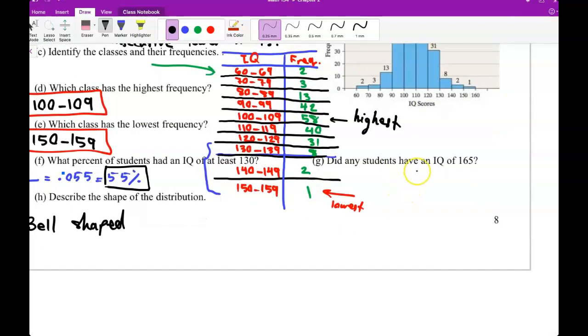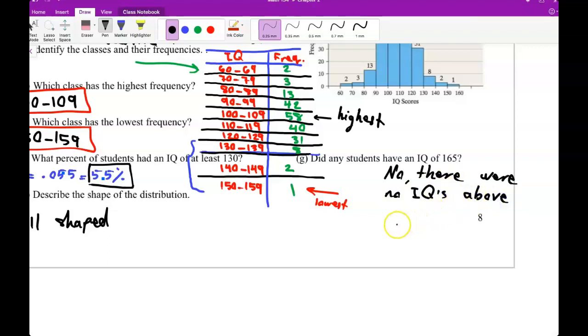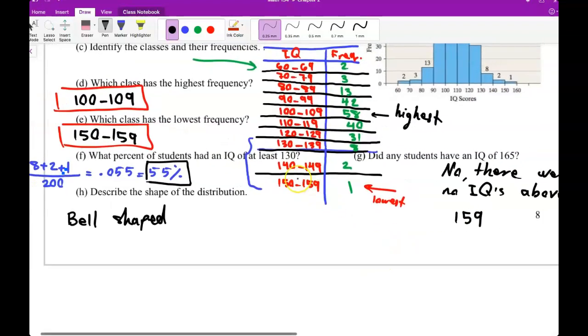So the answer is no. So we don't have IQ scores above 160. Okay, so I'm going to use 159, because here we have these classes.